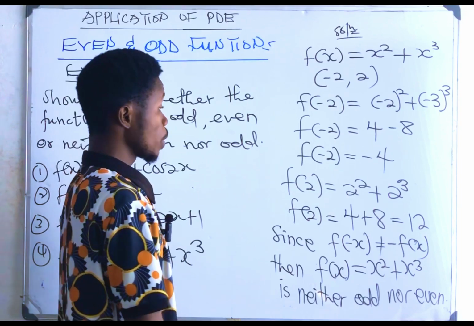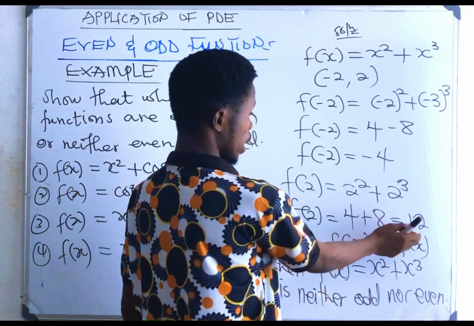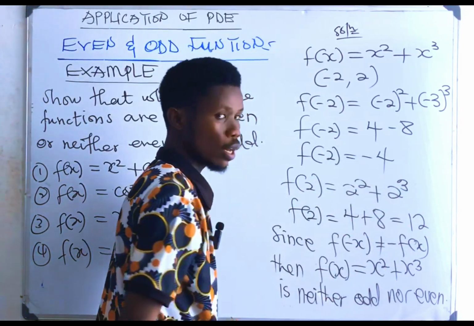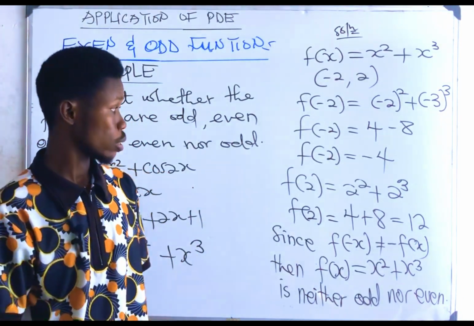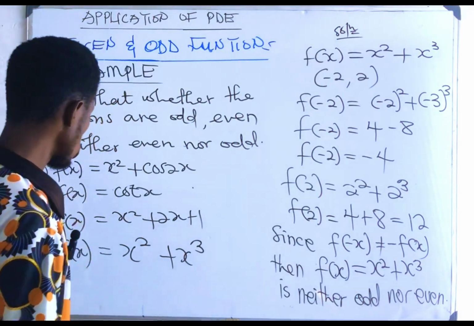Is that right? Because this one cannot be concluded as what? Even. If you do that, they can call you to the court of mathematics to answer some questions. Is that okay? So good.